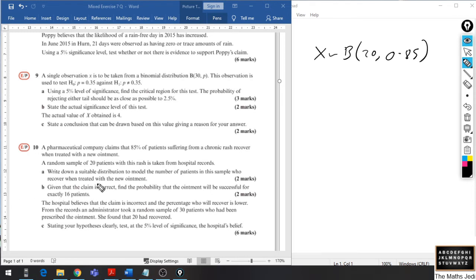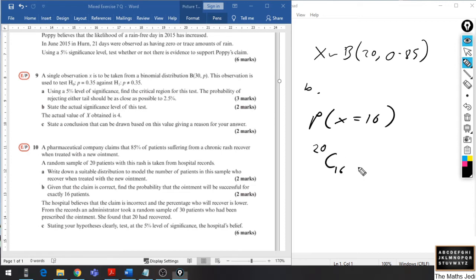Part B, given that the claim is correct, find the probability the treatment was successful for exactly 16 patients. So we're being asked to find exactly 16. So this is not a table question because it's an exact probability. When they're talking about exact probabilities, just go straight through and work them out because we know how to do that. We've done that in previous videos too.